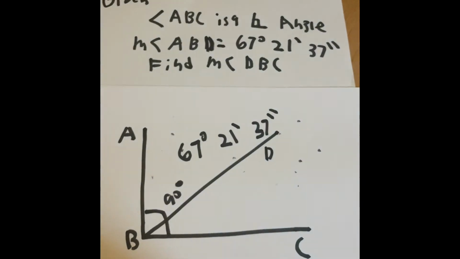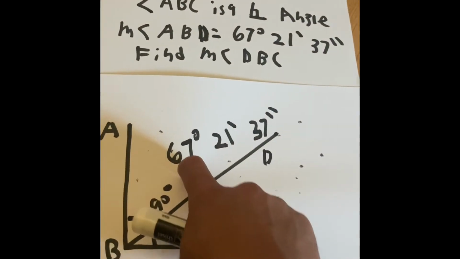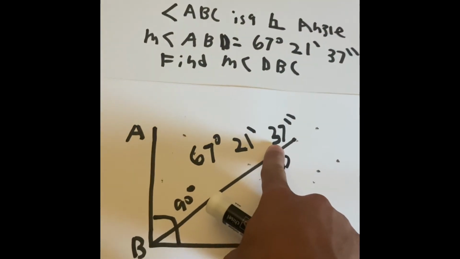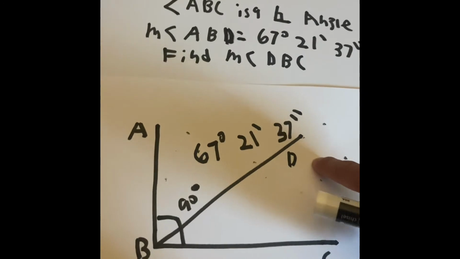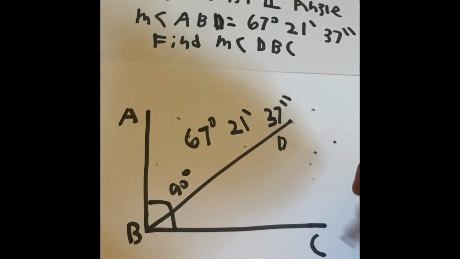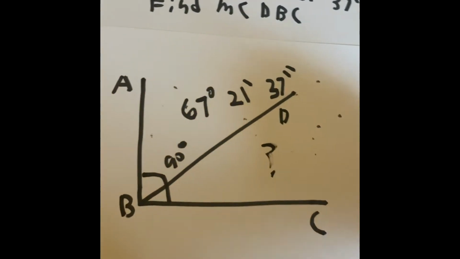So we're in sort of a little problem, because it's giving us the degrees, the minutes, and the seconds for angle ABD, and what we want to find is right here, the angle of DBC.